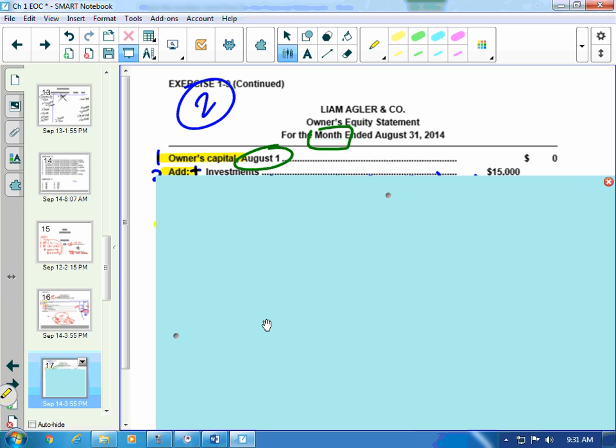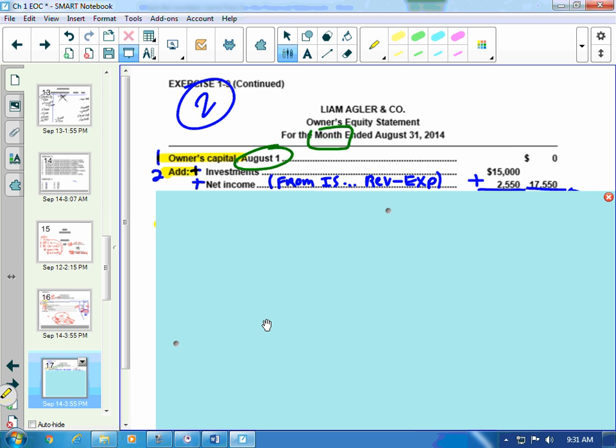Net income. Where are you going to get that number from? Your total from that income statement above. Notice those numbers showed up in the left column. So we can single rule and say, what was the total money in?